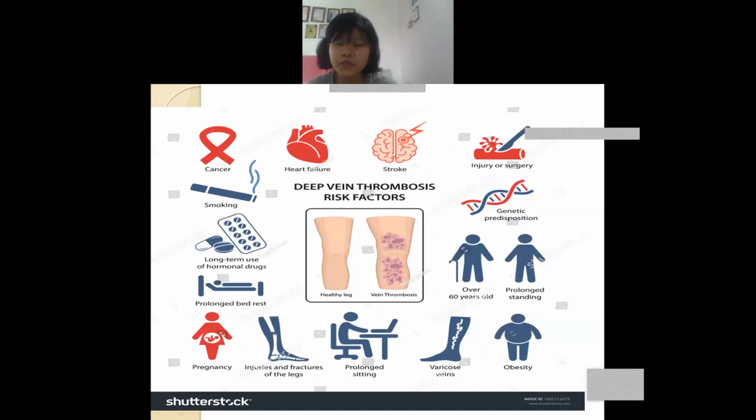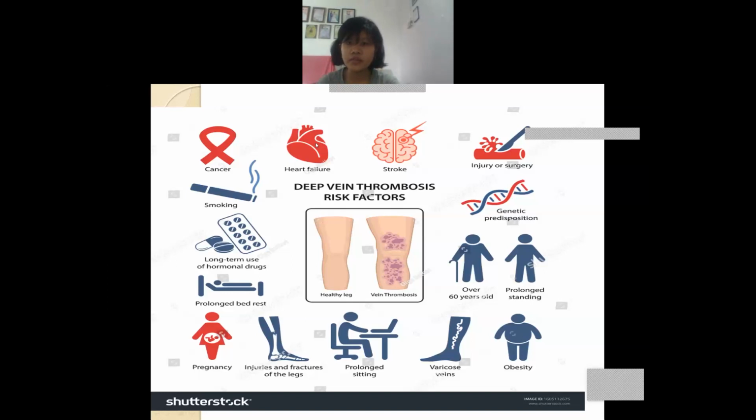So that's why a person who is having a stroke is at the risk of having DVT. Next is heart failure. If a person has heart failure, it will come along with pulmonary embolism, that is PE, right? Because there is a blood clot, there will be poor blood circulation. So obviously there will be heart failure, and because of that reason, DVT can also arise.